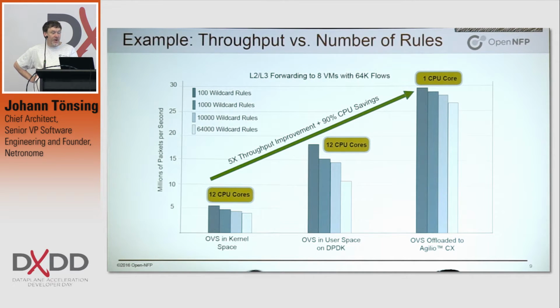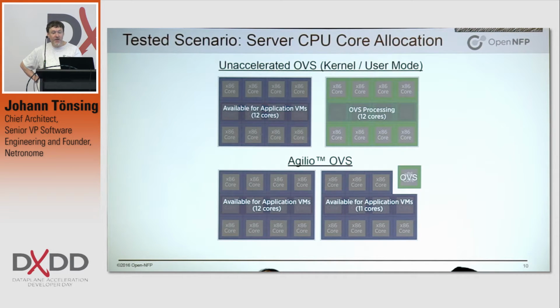The offloaded one only used a fraction of a core because all the work is done on the SmartNIC, whereas the baseline used 12 cores. In other words, one of the two sockets in a two-socket system to do the work. So to visualize it, you're really freeing up almost a whole socket in a two-socket system for application and VM processing.